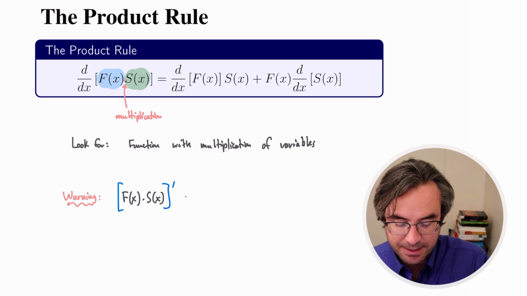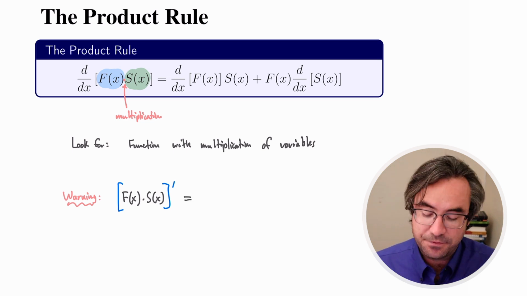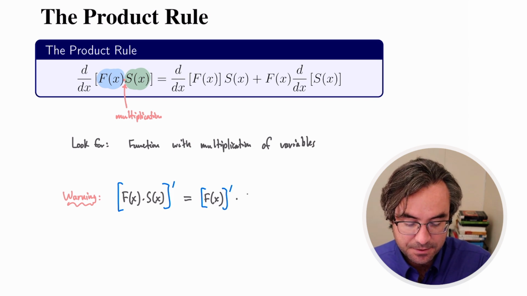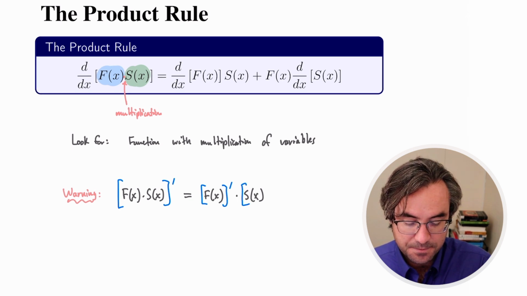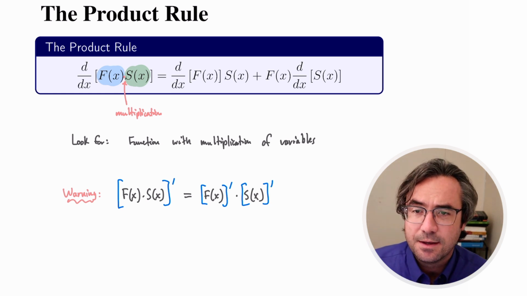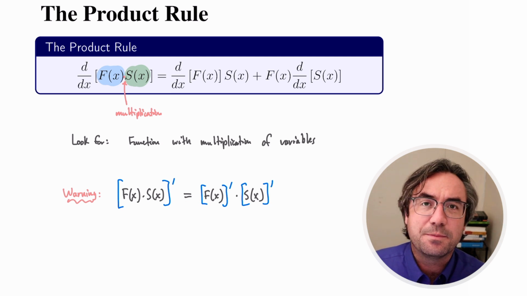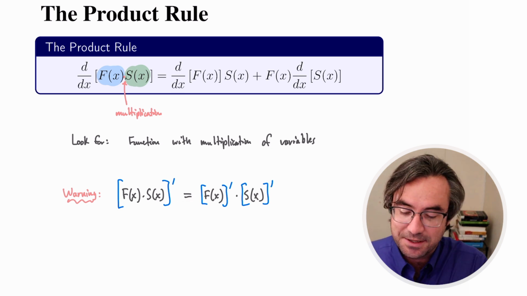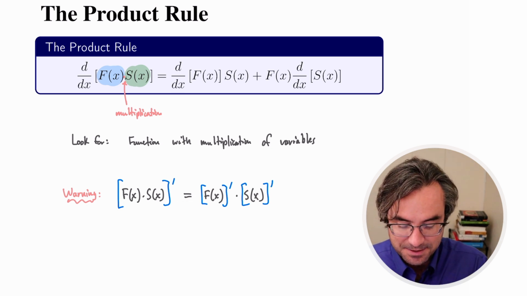It's very tempting to say that this derivative is just the derivative of the first piece times the derivative of the second piece. Very, very reasonable thing to think. Actually, this is what they originally thought when they first were developing calculus. And unfortunately, this is actually incorrect.